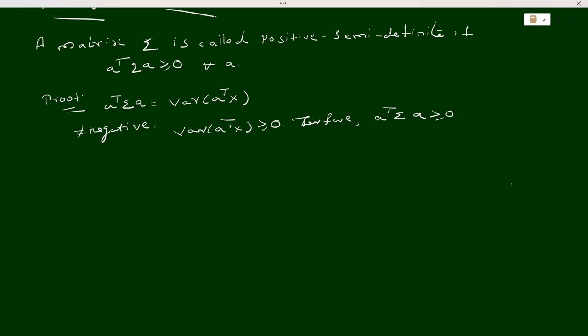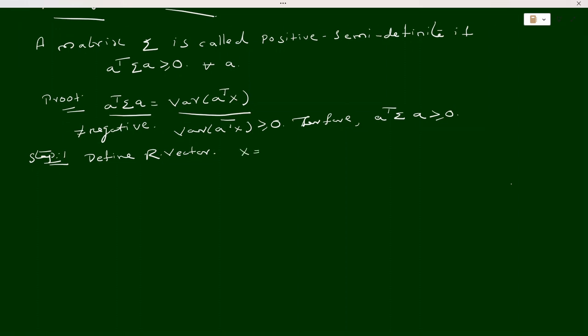So now let us prove that A transpose sigma A is equal to variance of A transpose X, step by step. In step 1, first we define the random vector.